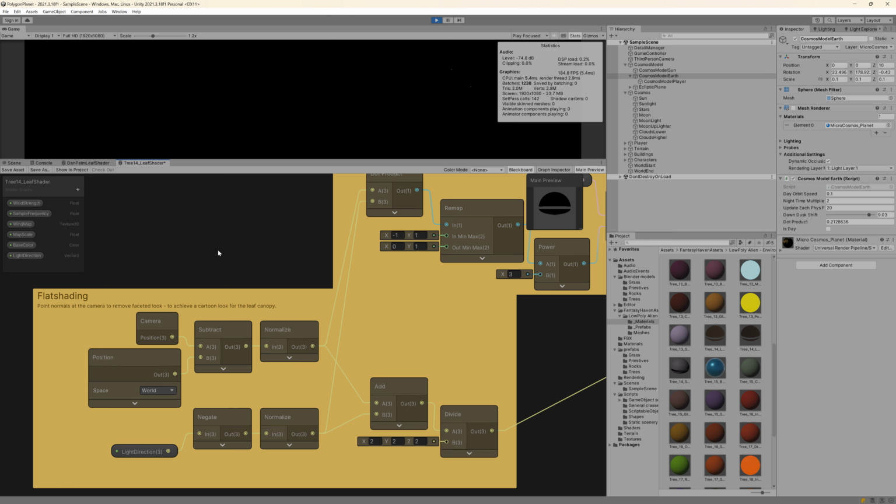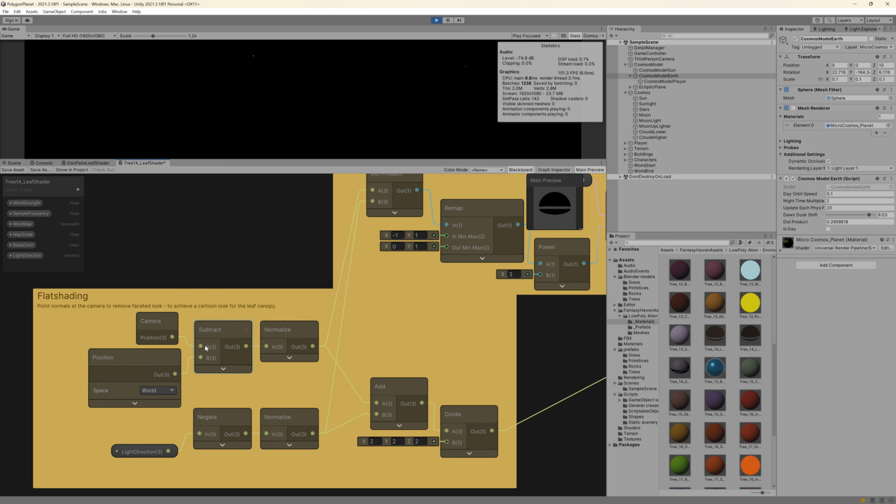It's the midpoint between camera and light source, so that gives you your best angle. The reason it gives you a flat shading is that you've turned every fragment, every piece of the geometry, regardless of where it is in the mesh, to point in the same direction, and therefore it has an even shading across it as a result.